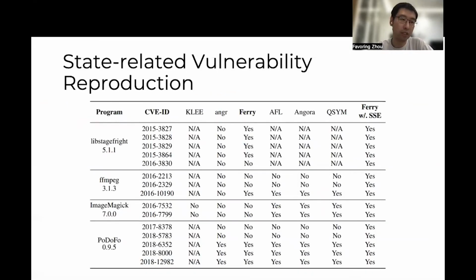Further, to evaluate the state coverage, we manually filter the state-related vulnerabilities in the CVE database and see whether all these tools can reproduce these vulnerabilities. Our results show that Ferry can find twice as many cases compared to other symbolic executors, and given the same seed files, only Ferry with shortcut symbolic execution is able to locate all these vulnerabilities.